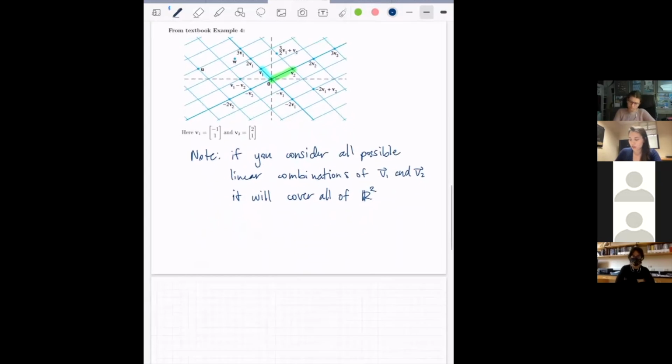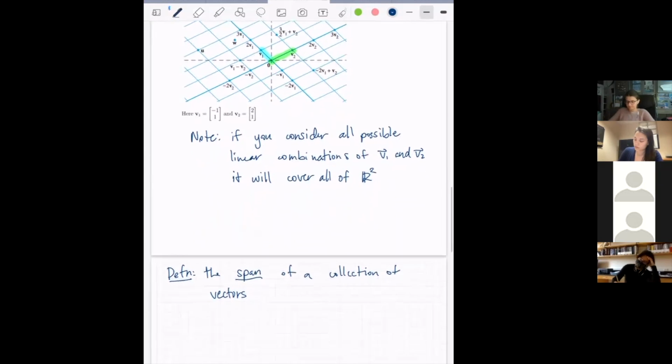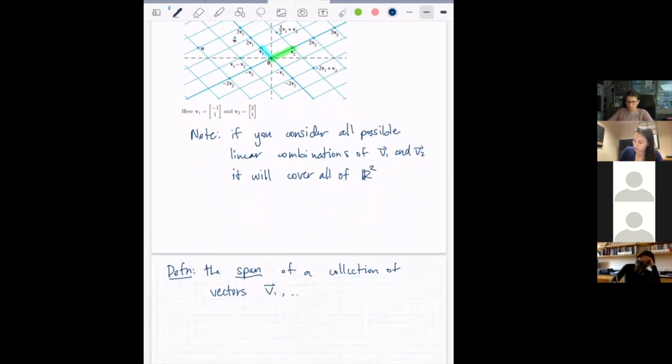So we have another definition. The span of a collection of vectors, let's name them. Say we have a collection of vectors V1 up to Vk. The span is the collection of all possible linear combinations of V1 to Vk.